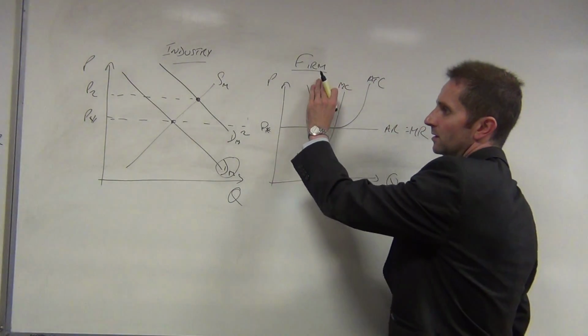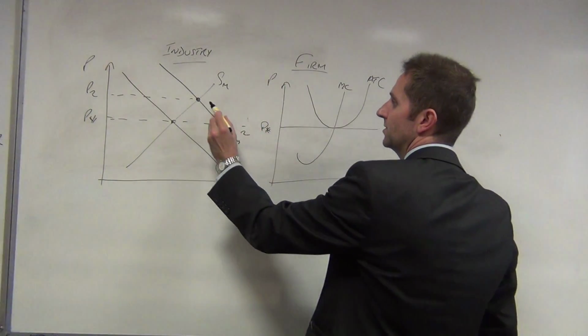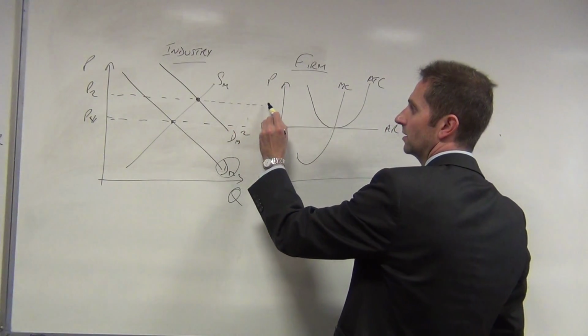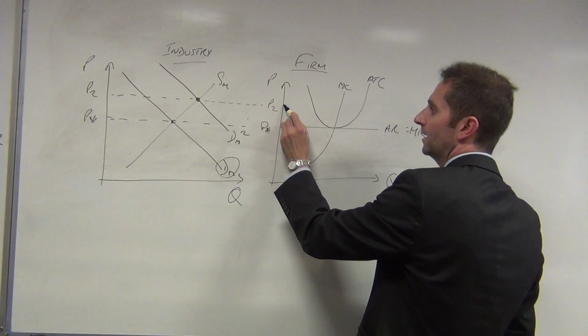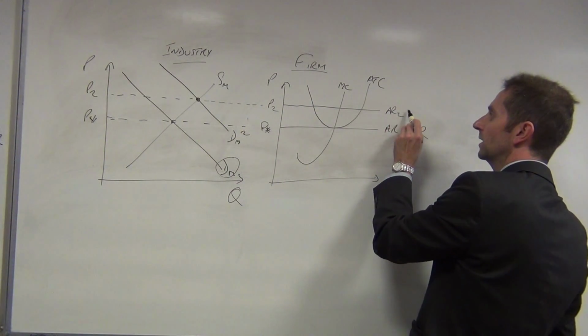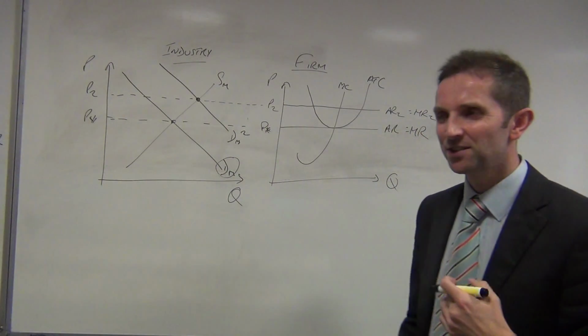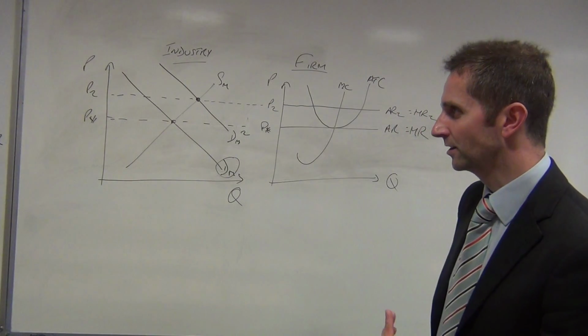The firm can't do anything about this price, so they have to accept it. And so we take a dashed line across P2, and again we put our perfectly elastic AR2 equals MR2. So our perfectly elastic demand curve in effect.